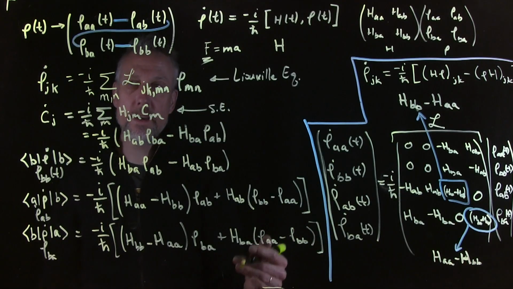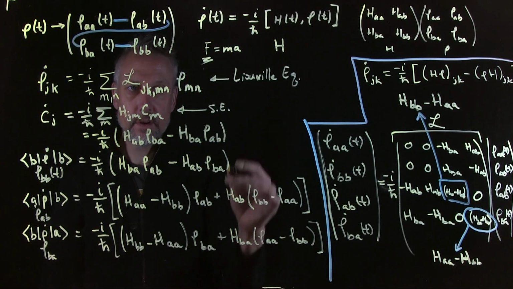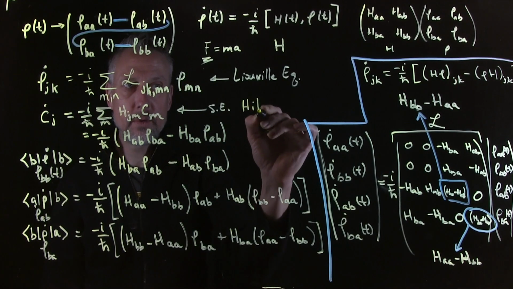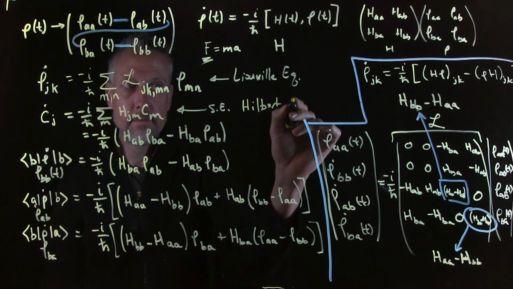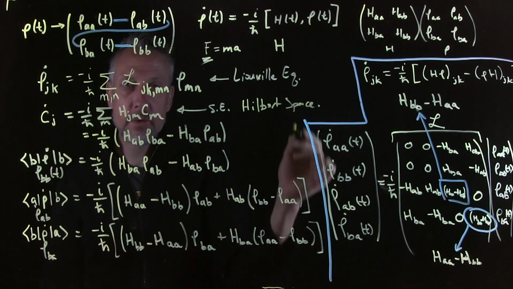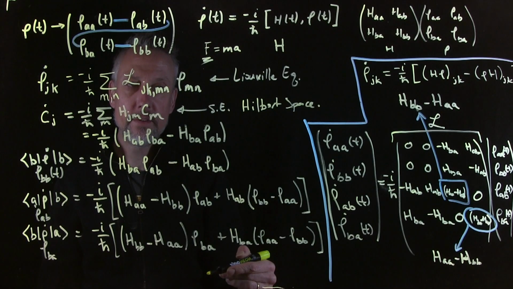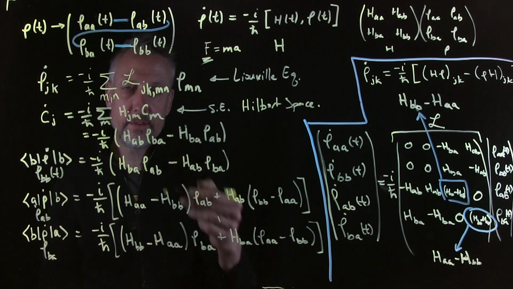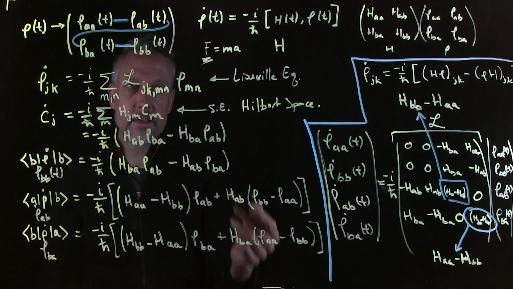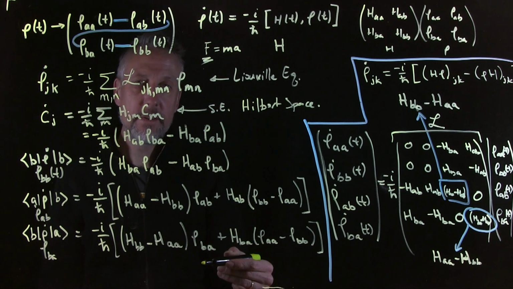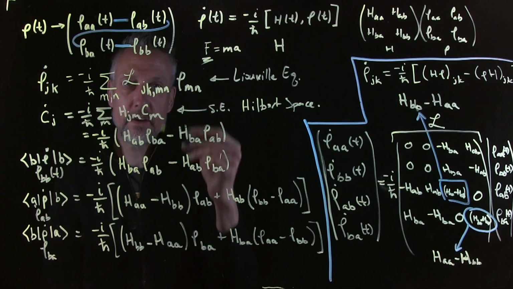Okay, so what's going on here? This is an equation or a system that we think about as being in Hilbert space. In Hilbert space, the vectors are things like the state of the system, and the operators are matrices. In Liouville space, the system is going to be represented by the density. Rather than being an operator, the density operator will appear as a vector.